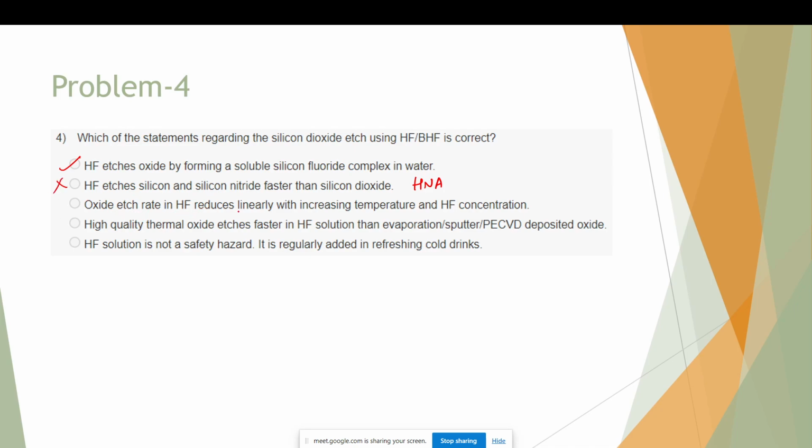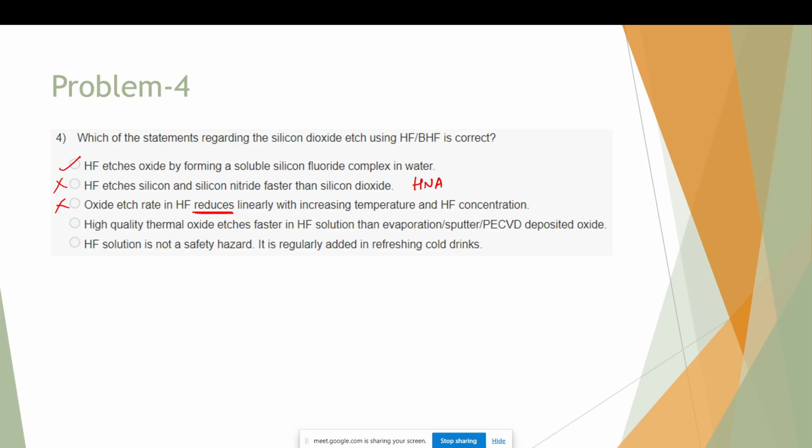Oxide etch rate in HF reduces linearly with increasing temperature and HF concentration. There is no reason why the etch rate should reduce with increasing temperature. Whenever we increase temperature and HF concentration, since HF is etching the oxide, the etch rate will increase. So this is not correct. High quality thermal oxide etches faster in HF solution than evaporation, sputter or PCVD deposited oxide.